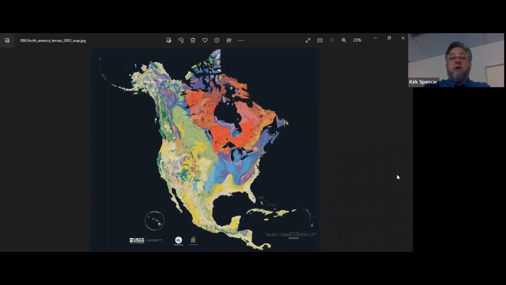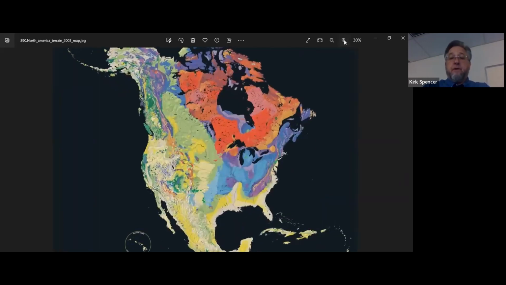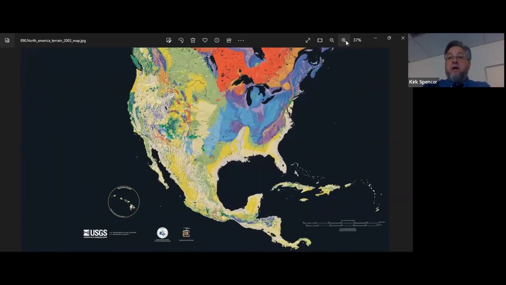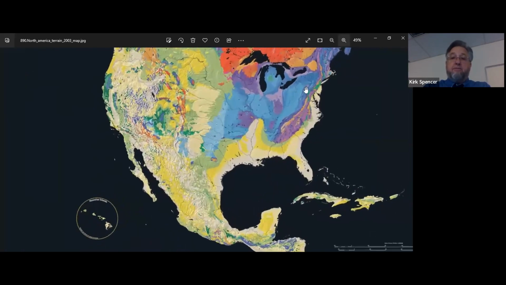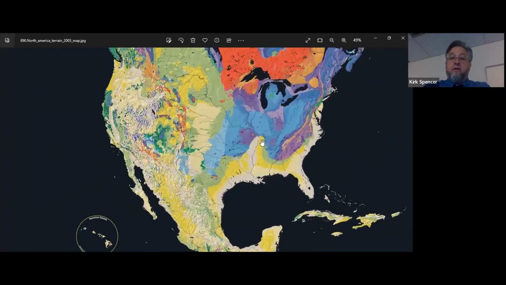All right, when we look at a geologic map of North America, the geology is really fairly simple. You can see the material here that's part of the Cretaceous and Pleistocene material has been deposited. You can see remnants of it here in the Rocky Mountains.